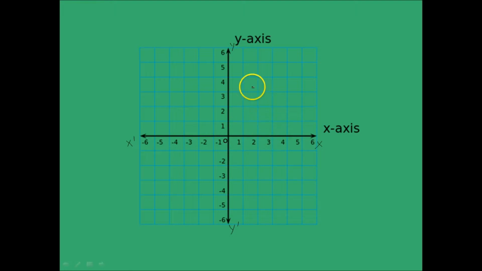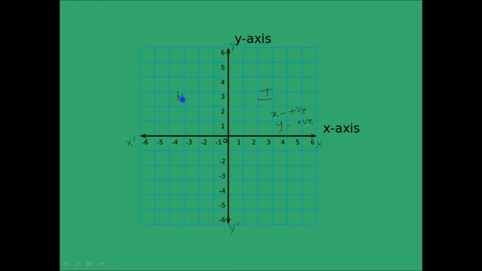Also, you notice that the two number lines have divided the whole 2D plane into 4 parts. The first part, which is covered by the positive portion of the x-axis and the positive portion of the y-axis, is called the first quadrant, wherein x is positive and y is also positive.